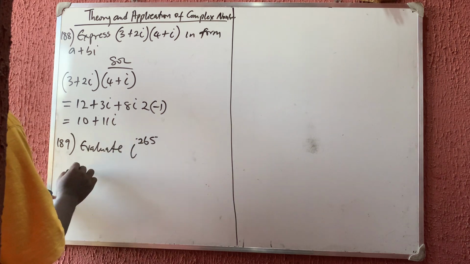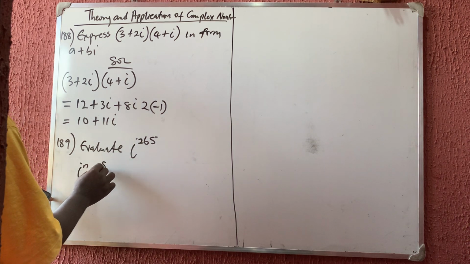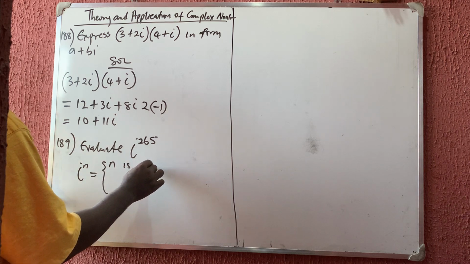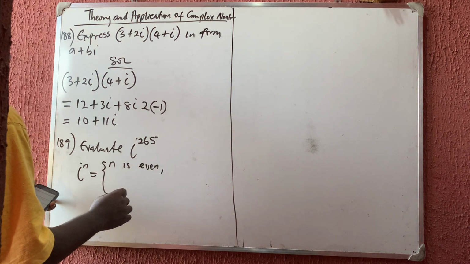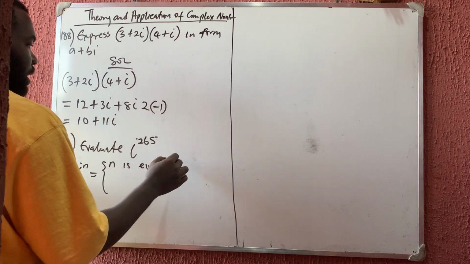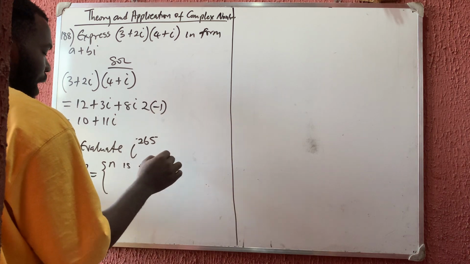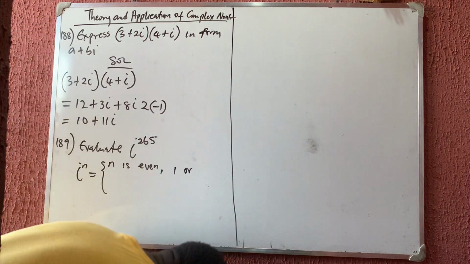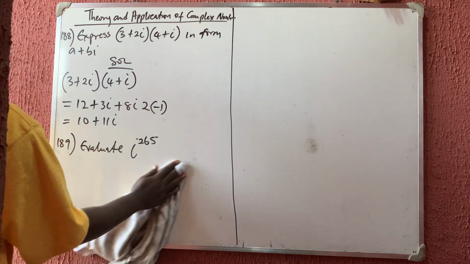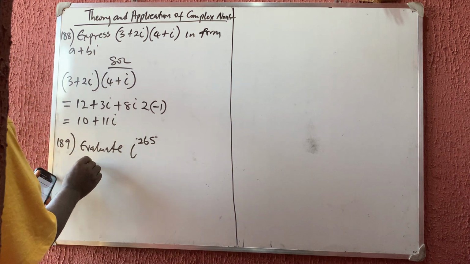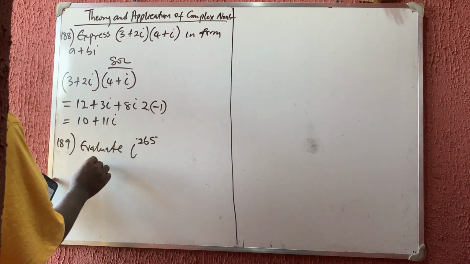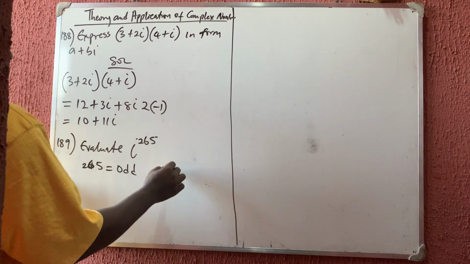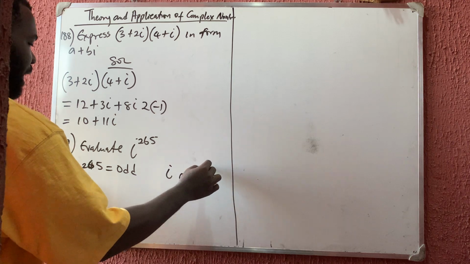If you have i raised to power n, you now say that if n is even, then the answer you'll be expecting is either 1 or minus 1, since i squared is minus 1. But first of all, 265 is an odd number. Since it's an odd number, I'm expecting i or minus i as my answer.